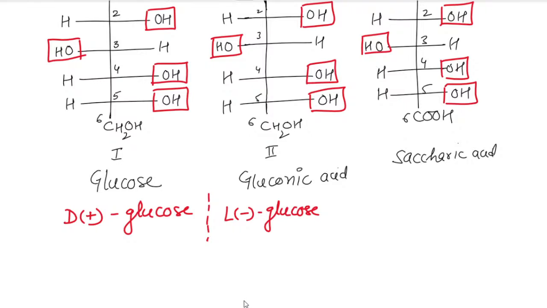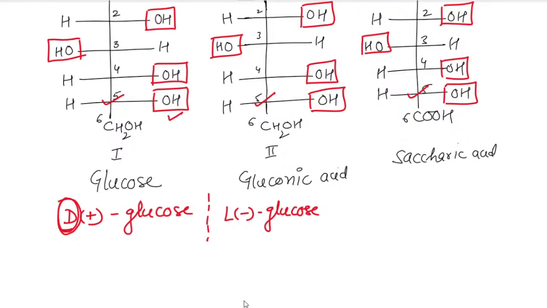See, when we write it in the vertical arrangement, this is the second last carbon. In this second last carbon, OH is on the right side. So if OH is on the right side, then it is called D.